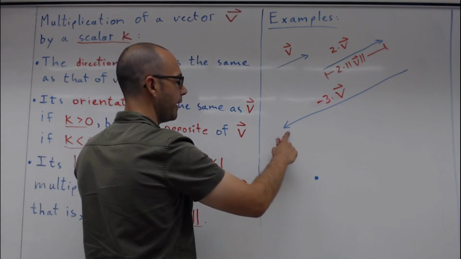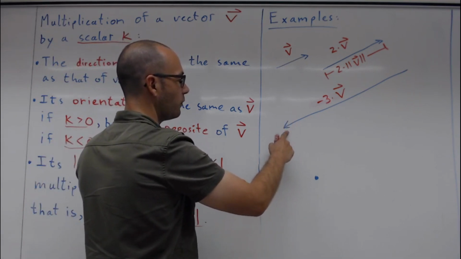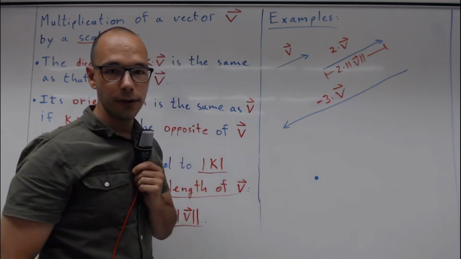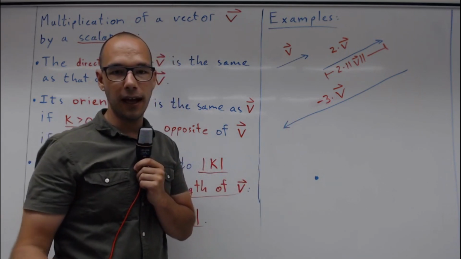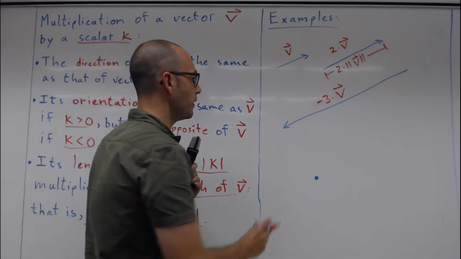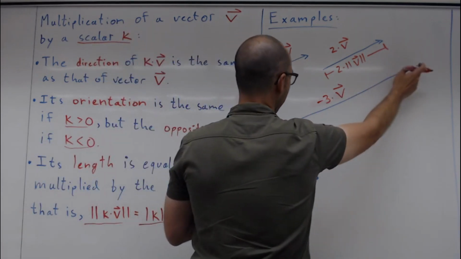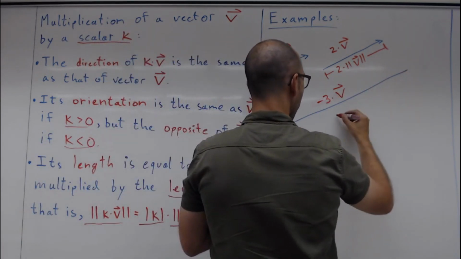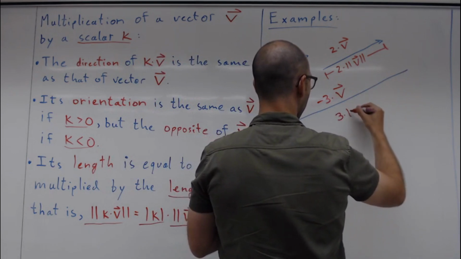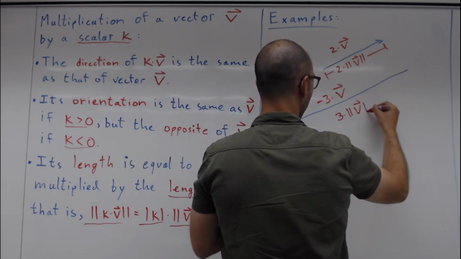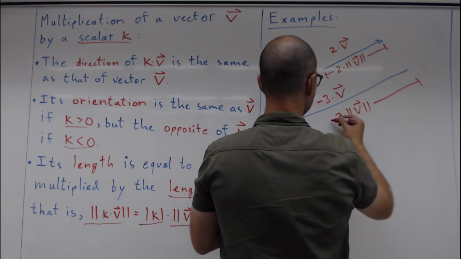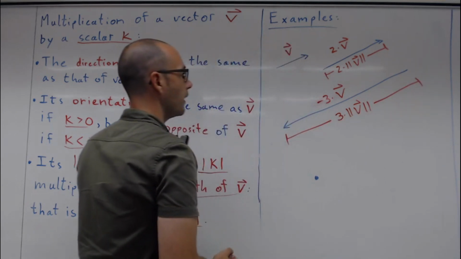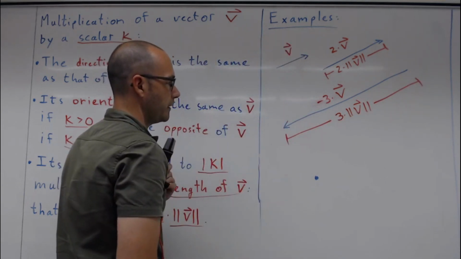That's why we have the arrow in the other direction. So we have the opposite orientation. The arrow is here instead of here, and this is 3 times the length of the original vector. So this is 3 times the length and opposite orientation.